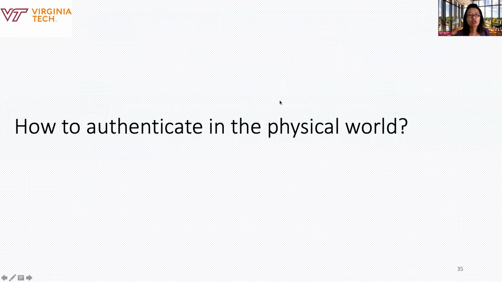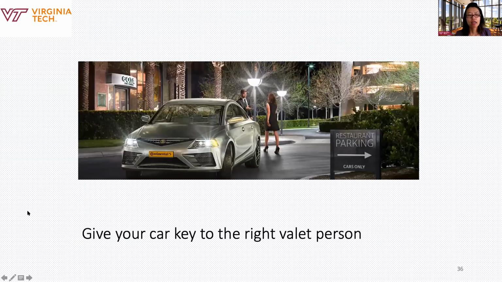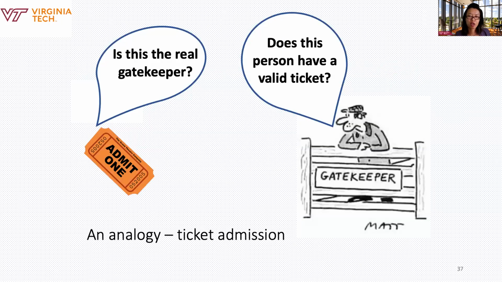So let's see, how do people authenticate in the physical world? If you want to have valet park your car, you give your car key to a valet, you have to make sure this is the right valet, right? And you kind of know because this person is standing next to a table that says valet, and maybe wearing some sort of uniform.